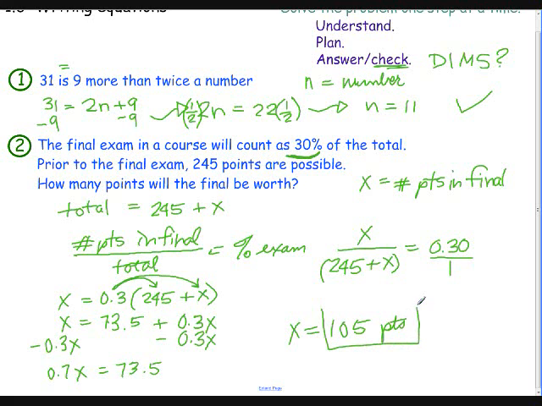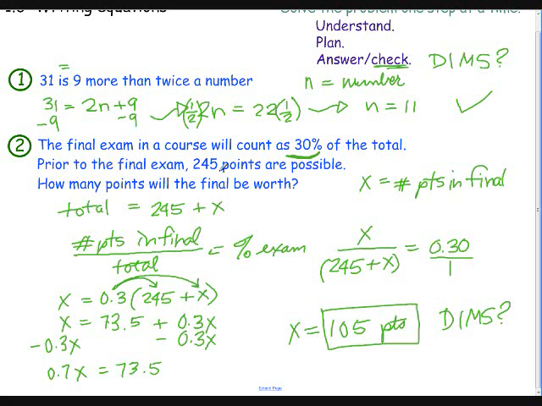All right, does this make sense? Does 105 look like it's about 30%? It'd be less than a third, right? A third would be 33%. It looks about right. I knew it was going to be less than 30%.